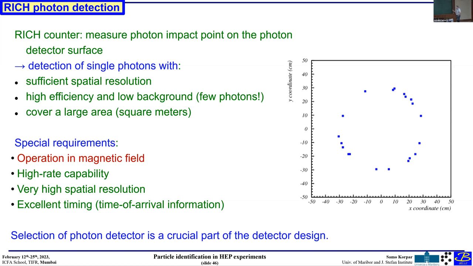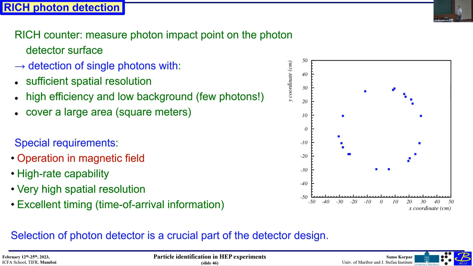At the beginning, only single channel PMTs were available. You need high efficiency and low background, of course, and you want to cover square meters of area, so it needs to be affordable in the sense of high energy physics experiments, which means millions of dollars typically. Special requirements might be operation in a magnetic field and high rate capability.